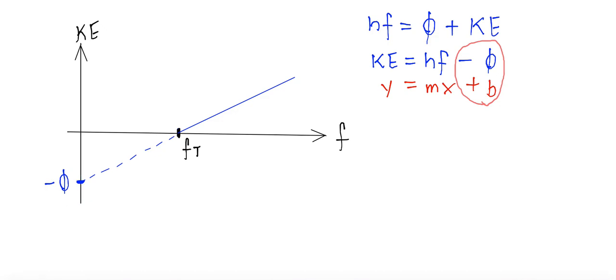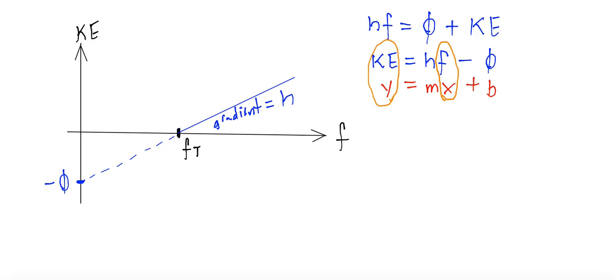Is it clear? Our Planck's constant is a gradient. We can write gradient equals Planck's constant. Of course, kinetic energy is on y-axis and frequency is on x-axis.